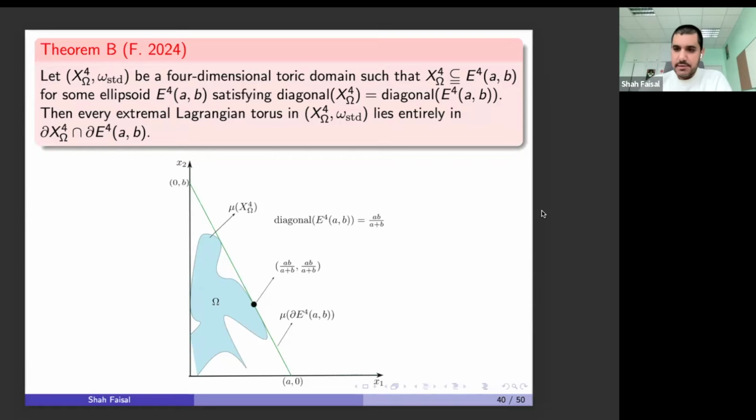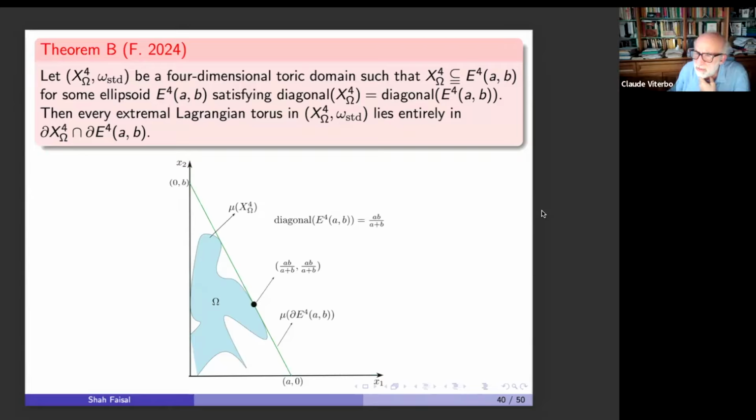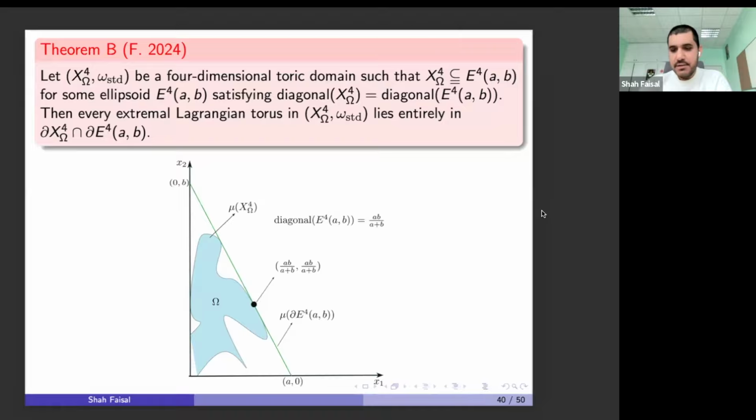It's not clear to me if there exists an embedding of S1 times S2 into the unit ball in dimension 6 that has symplectic area strictly less than 1/3. But S1 times S2 doesn't have a metric of negative sectional curvature. No, yes, that doesn't have.